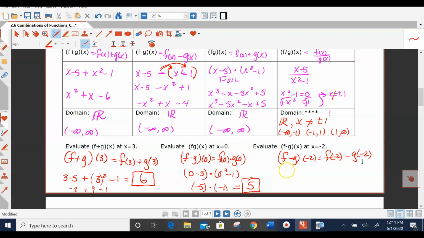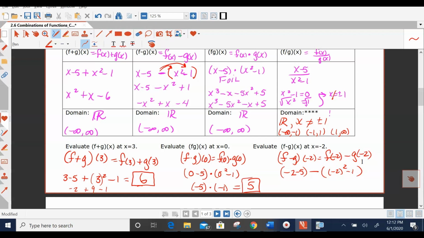F of negative 2 means I'm going to have negative 2 minus 5. Then I'm going to subtract from that g at negative 2. So if I go to g and plug in a negative 2, I'll have negative 2 squared plus, not plus, 1. There is a minus 1 behind that.